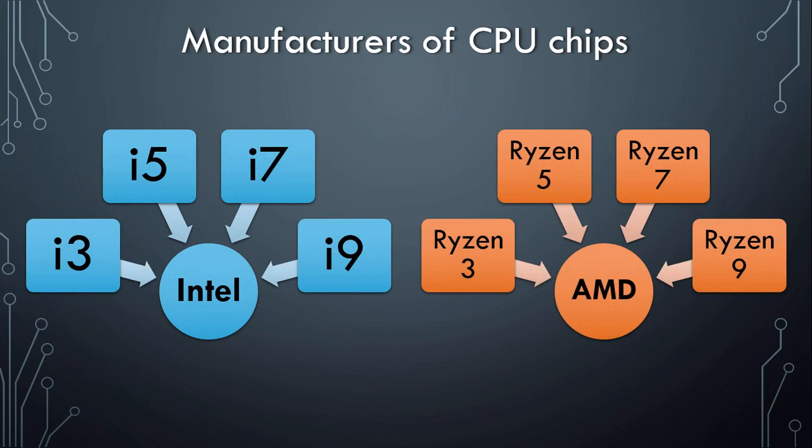For Intel we have the Core i3, Core i5, i7, i9 family, and this family has dual core, quad core, hexa core, octa core, deca core processors and so on. Also the i series family has processors which have 18 cores.